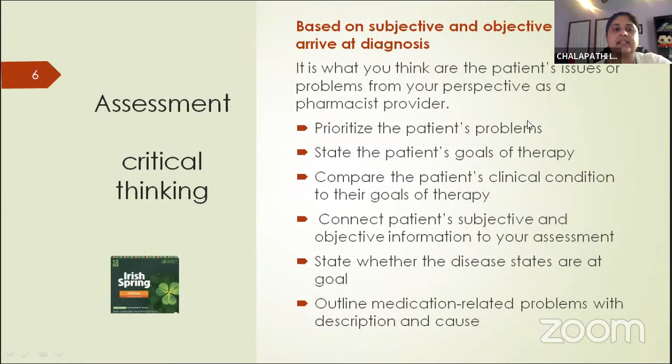We have to prioritize the patient's problems. We have to see what our goals of therapy are and where the patient is at their goal. Is the condition uncontrolled, or is it controlled? And then we have to focus on the medication related problems.